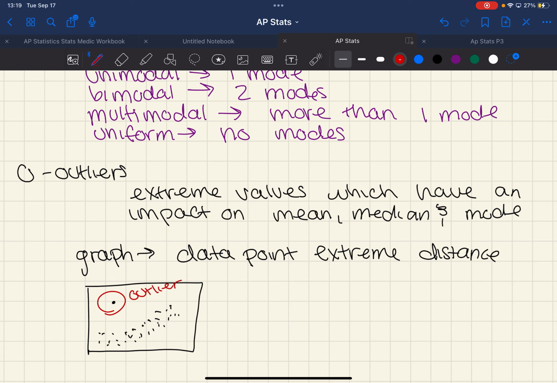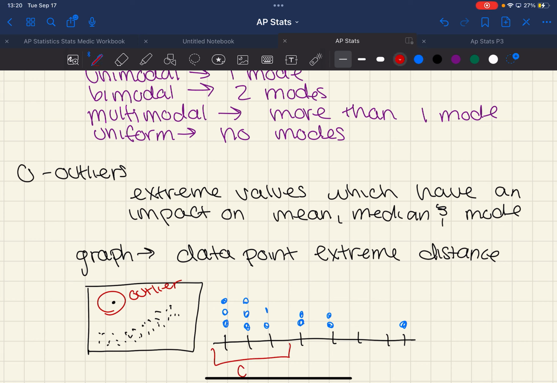Another way is if we were looking at a dot plot. Let's say we had a bunch of points and then one point way over here.